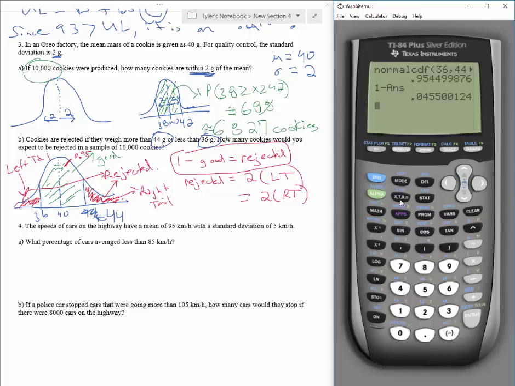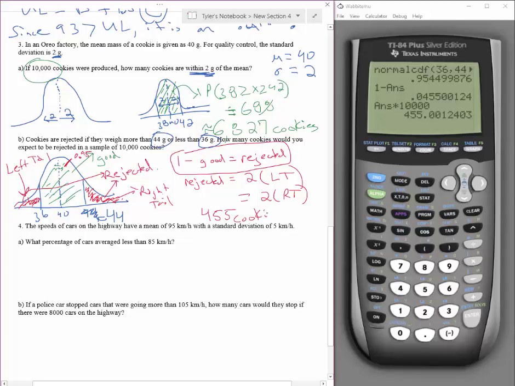So then if I have 10,000 cookies, I multiply this by 10,000, and I get 455. So that would be my final answer: 455 cookies would be rejected. And rest assured, I'm sure they wouldn't actually get thrown away.